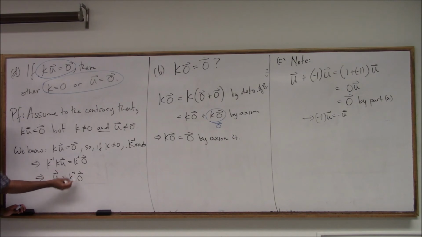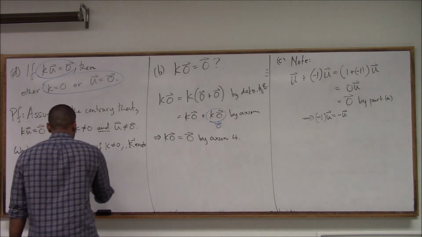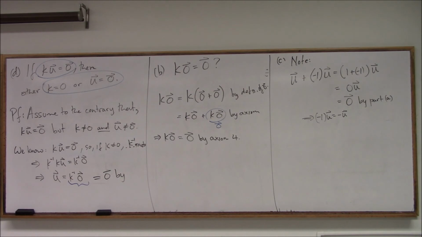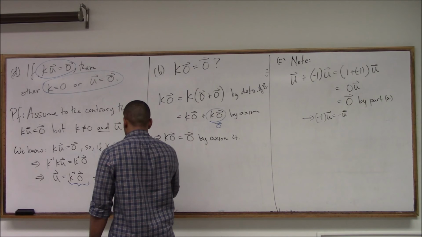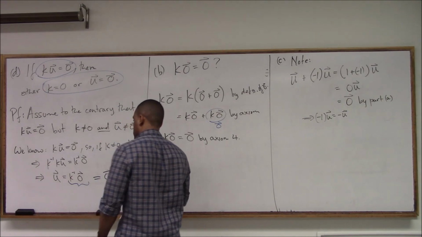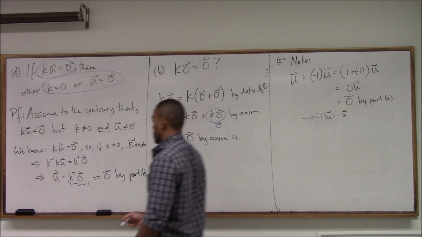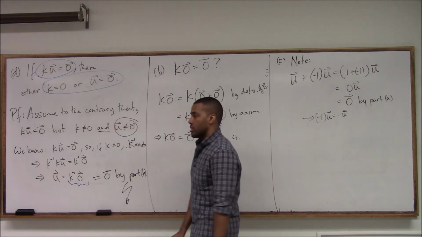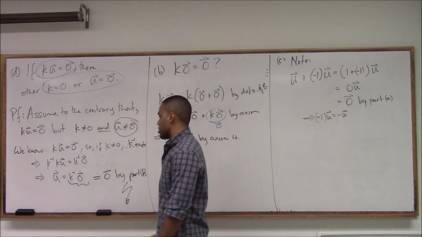Now, by definition, what is a scalar times the 0 vector? That's the 0 vector. We actually proved that as one of the parts, by part B. And that's my contradiction, because I said u was not the 0 vector. But then I obtained that u has to be the 0 vector.